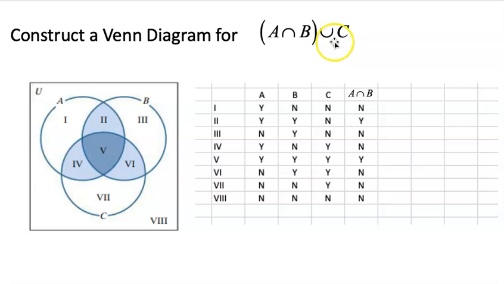Now we want to take the union of this set with C. So A intersect B union with C. If it's a union, you are in one set or the other or both. So as long as I see a yes somewhere, I'm okay. But this first region, no, no, it's not in one or the other or both. That's a no. No, yes, okay, that works.